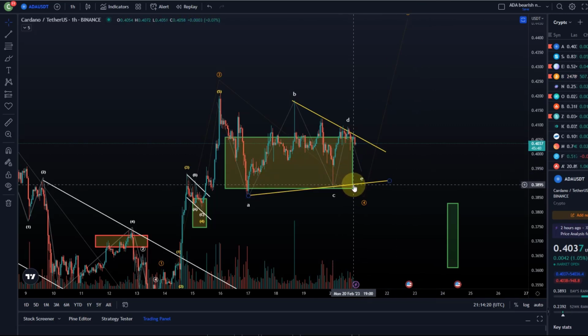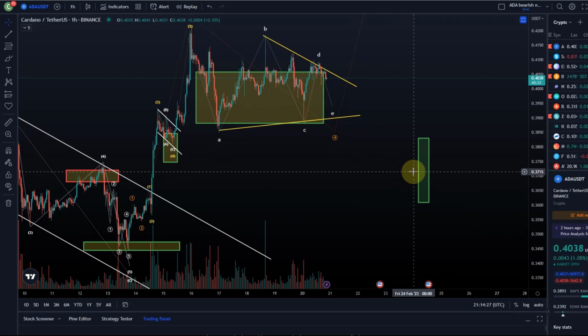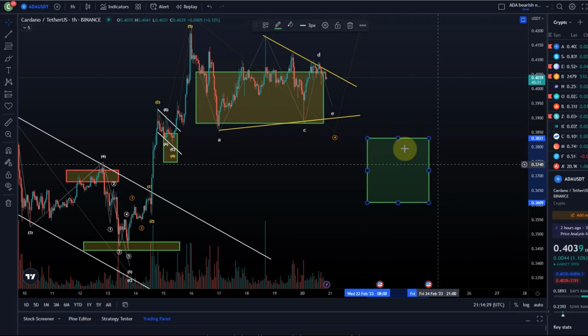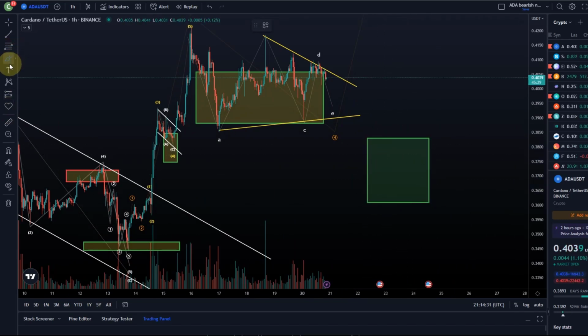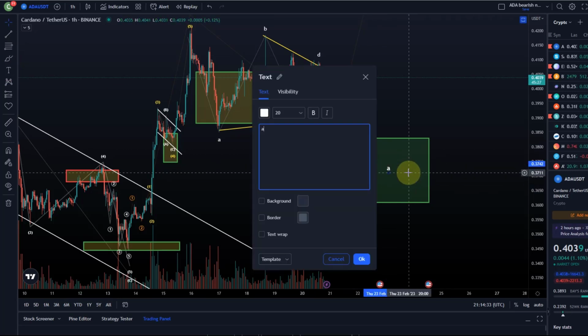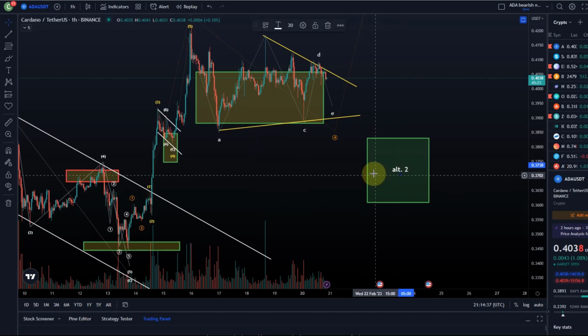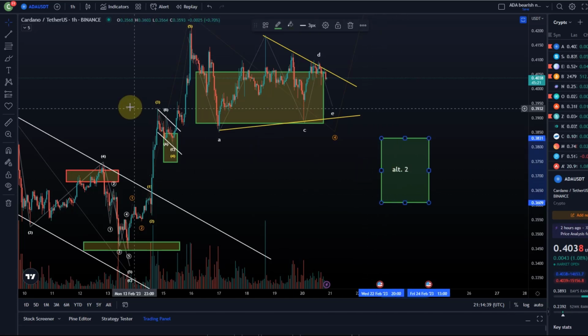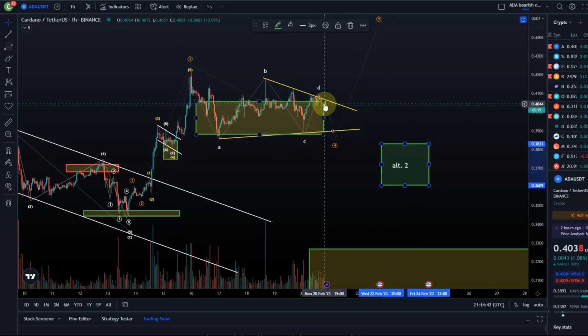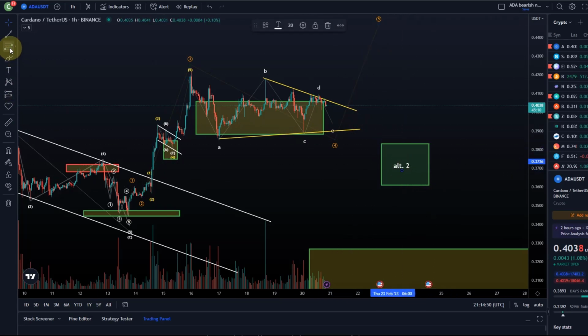As I said in the last video, a break below the 38.9 cent level will make a breakout to the downside quite likely. And then we've got a scenario which we could get into, and I put the alternative wave 2 low in here. This is based on the assumption that if we make a low here and break below the C wave low, which in a triangle we would not be allowed to do, but in this alternative scenario we are.